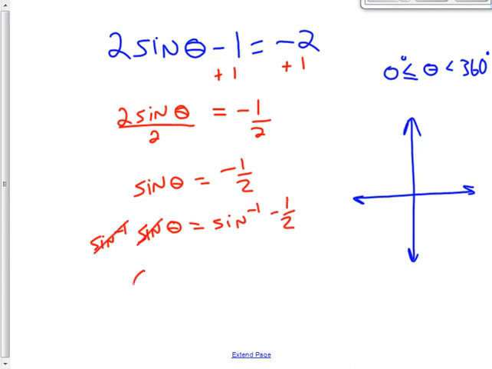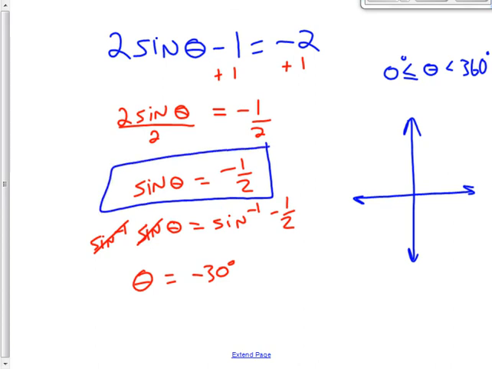So the sine is going to cancel out. I'm going to get theta equals the sine inverse of negative 1/2, which is negative 30 degrees. Again, I want to be drawing this triangle, so the place that I want to look for my triangle is where the sine is negative.